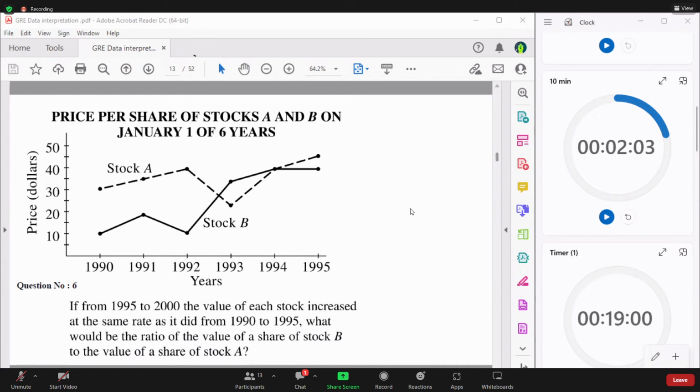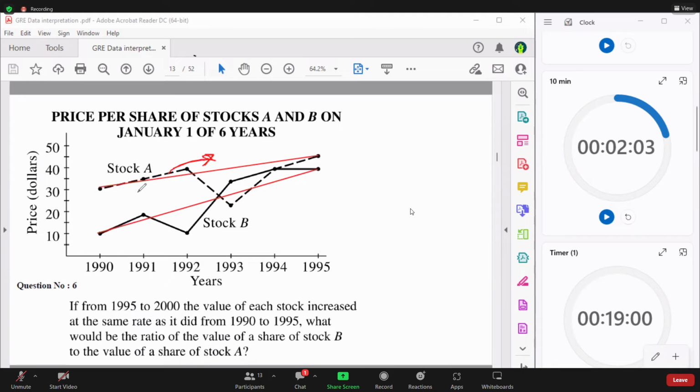The same rate? No, I don't think so. Sir, rate means it's the slope of the line, right? If you draw a straight line between the initial price and the final price of the stock from 1990 to 1995, that slope should be constant. That slope's value is $3 per year for stock A and $6 per year for stock B. Same rate means at what rate this has been increasing.